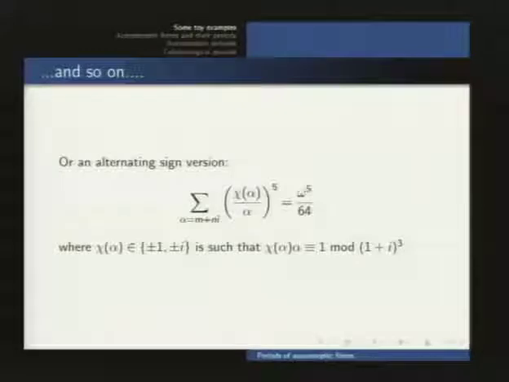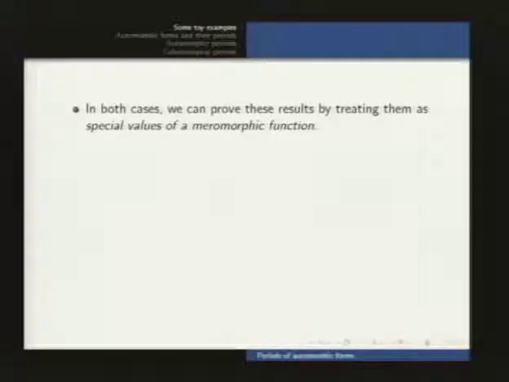What I'm going to say is not even the simplest way, just the way which is most appropriate for illustrating what's coming next. In these cases, one way to prove it is to find a way to regard these series as specializations of a holomorphic or a meromorphic function.